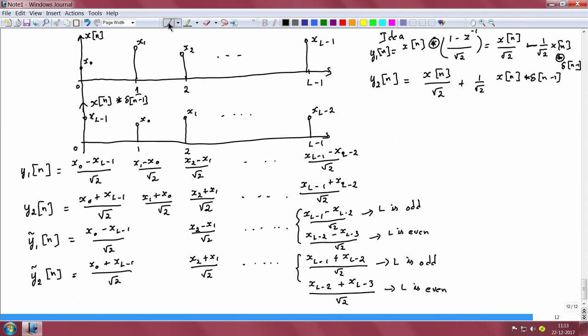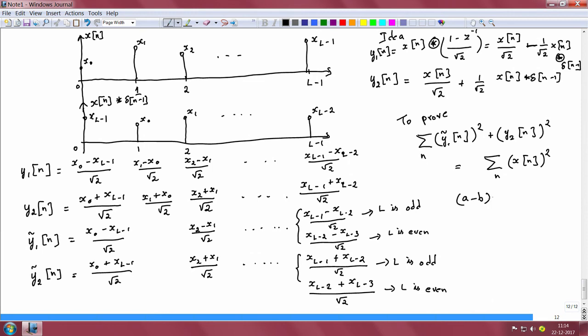To prove Parseval's theorem, we need to prove that the summation over n of y1 tilde of n whole square plus y2 tilde of n whole square should be the same as the summation over n of x of n whole square. We will use these properties. Here we see that y1 tilde of n and y2 tilde of n are of the form a minus b and a plus b.